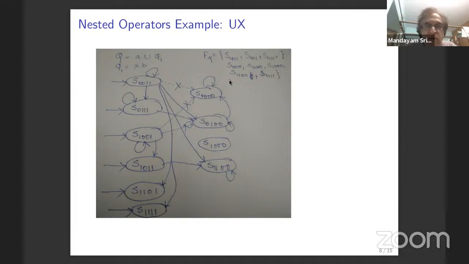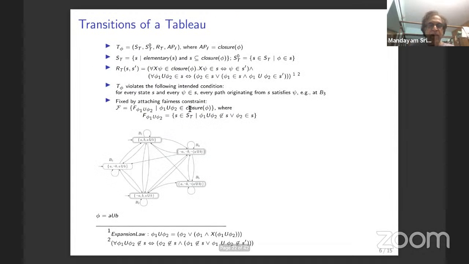So that's why you define the fairness condition in such a way that you exclude states like 1001 from your fairness condition. Okay, so as a matter of fact, that's why you define the fairness condition. There is one set of fairness condition for every formula in the closure which has an until operator at its root.